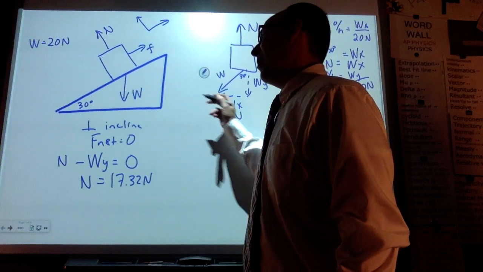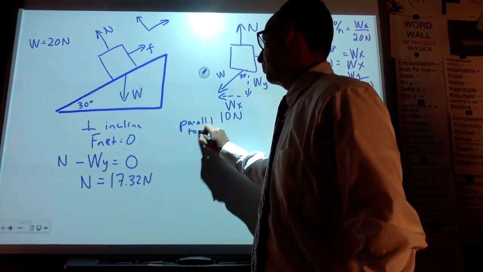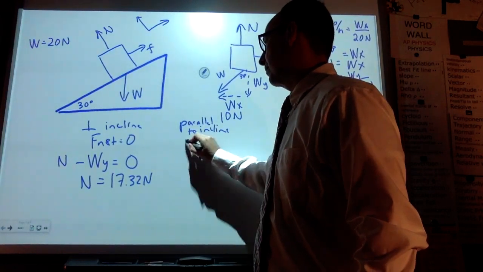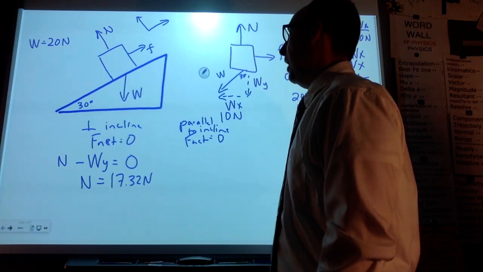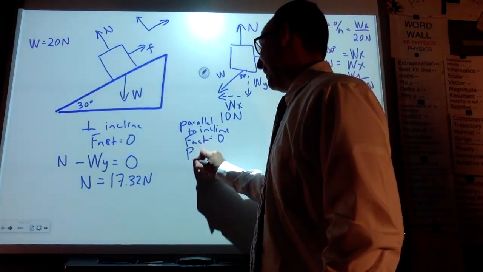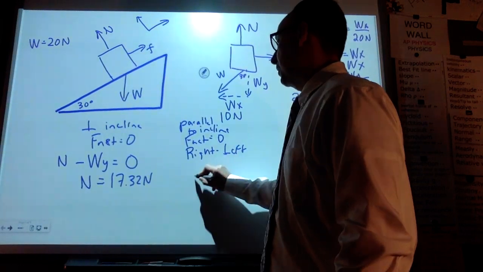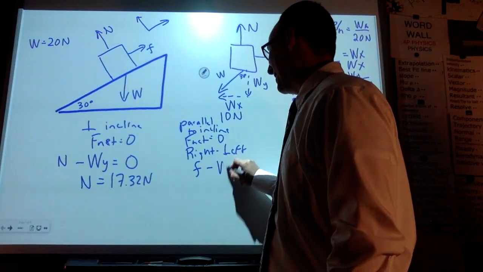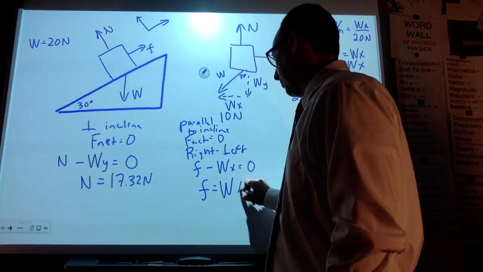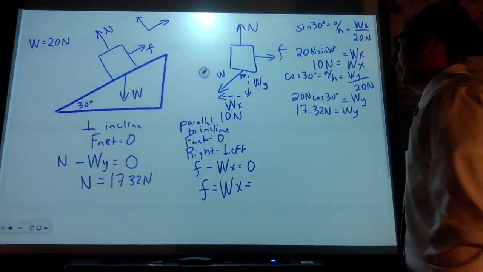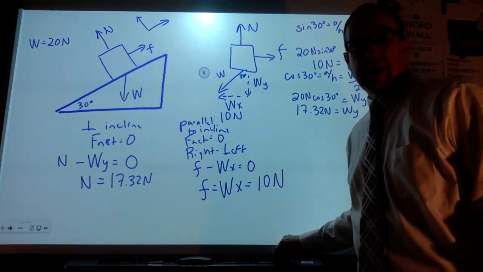Parallel to the incline, or down the incline, Fnet is equal to 0. I'm going to take my rights minus my lefts. So I'm going to have friction minus Wx is equal to 0. Friction is equal to Wx, and we said that was 10. And that's our answer for that one.